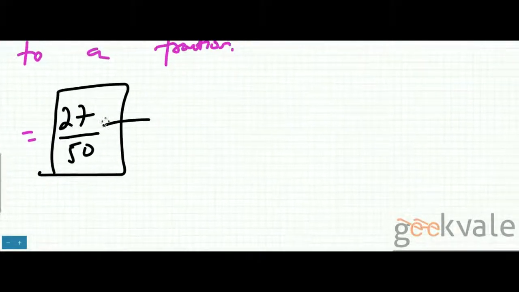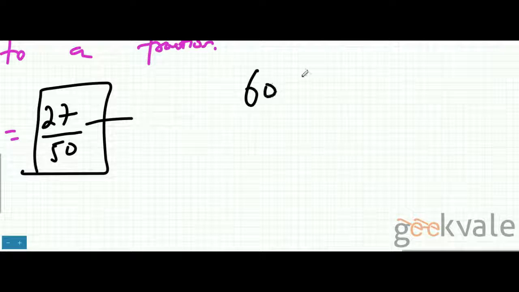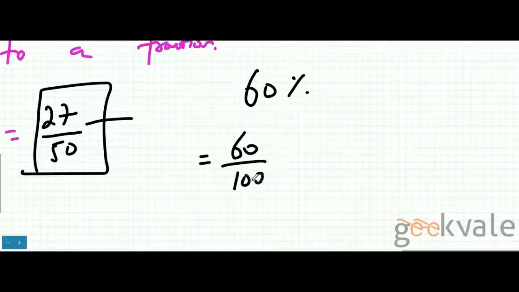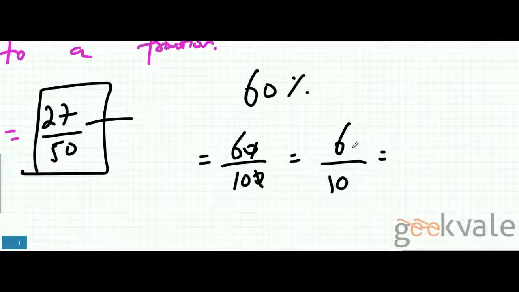Another one could be, let's say, 60%. All we need to do is divide it by 100 to convert that to a fraction. 60 divided by 100 equals, this 0 and this 0 can cancel out, 6 over 10. Then you can divide up and down by 2, you get 3 over 5.